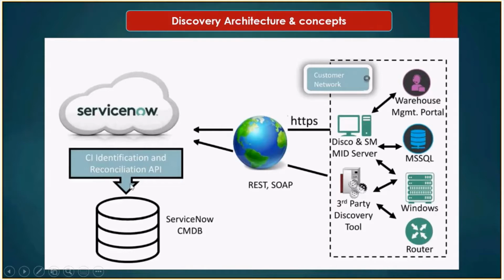So how discovery happens, it does not flow directly from ServiceNow Cloud to your client environment, because the client says that I am not keen to open all the network traffic along the way to your instance from my network. So ServiceNow says, okay, we have got a solution for you.